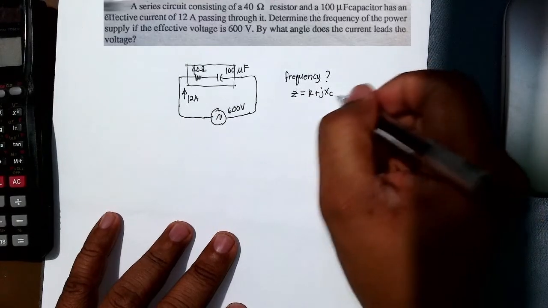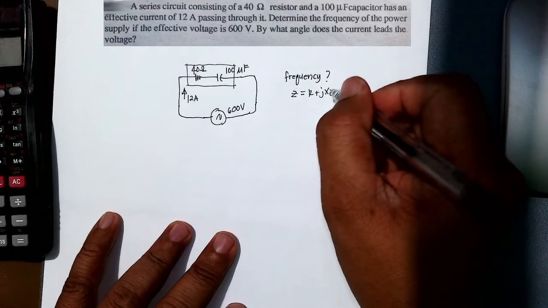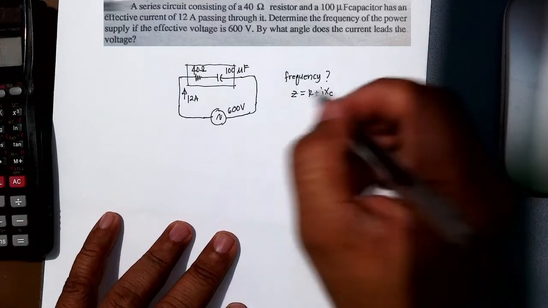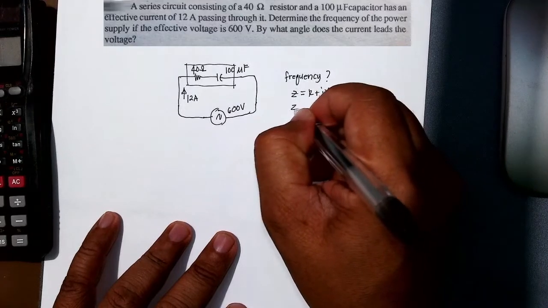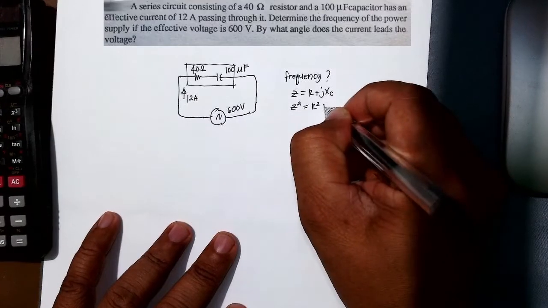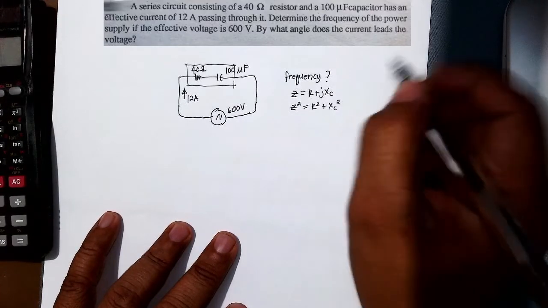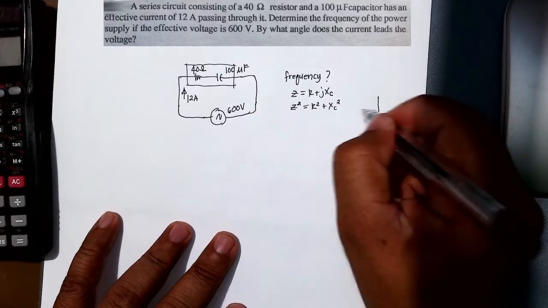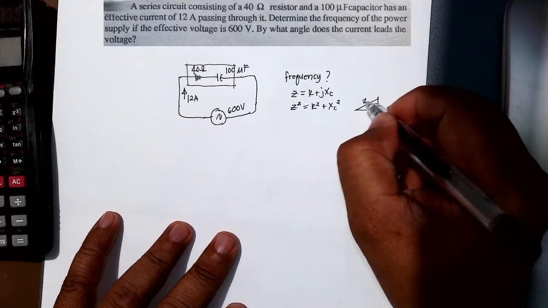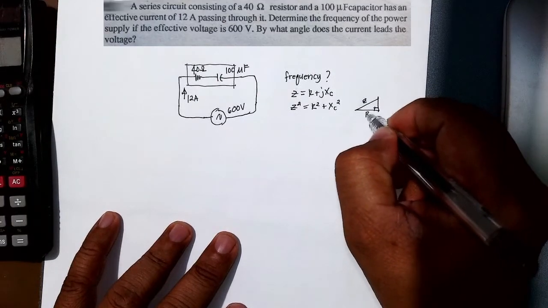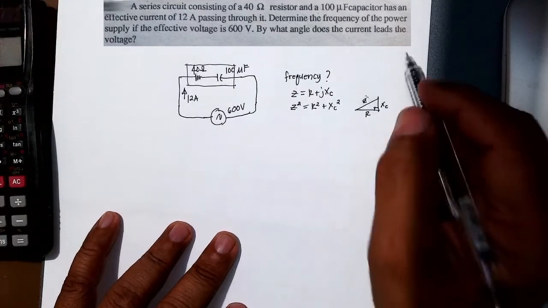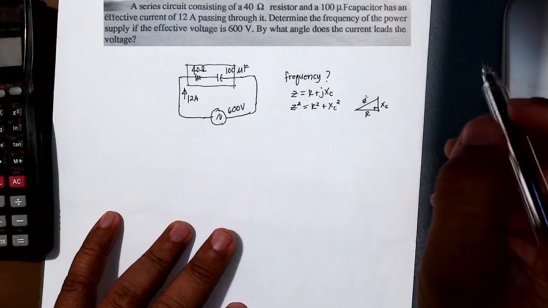Since this is a capacitor, we use the notation X sub C. But we can also get the impedance by this one: Z squared is equal to R squared plus XC squared. We use the right triangle in which this is your Z, this is your R, and this is X sub C. To solve this, we apply the Pythagorean theorem.